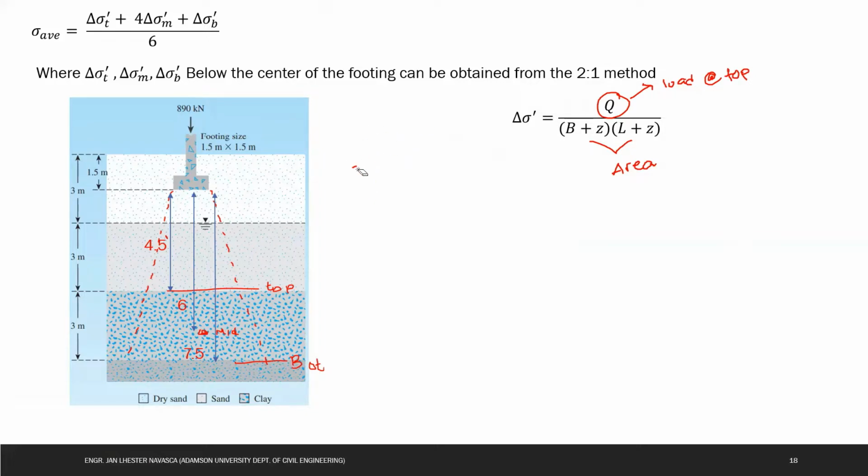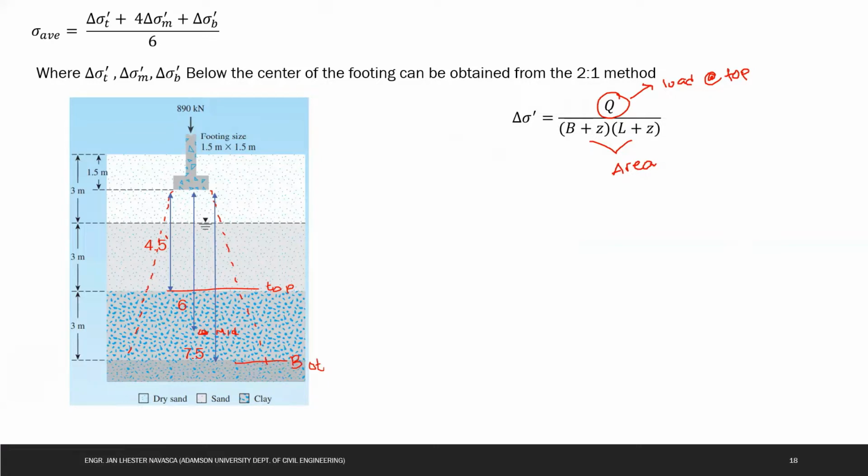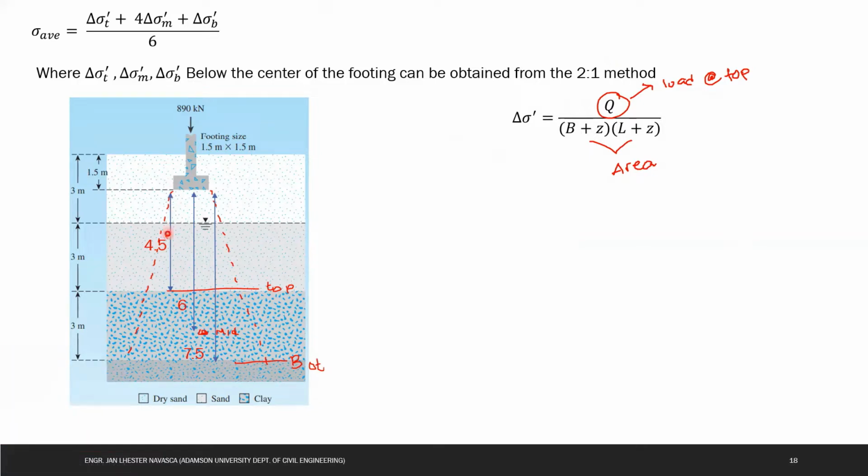That area is just simply the area at this location, at this top clay layer. What is the area of the projection of this 2:1 stress line? So what is the projection of this area at this top layer? At the middle layer, what is the area? And at the bottom layer, what is the area?